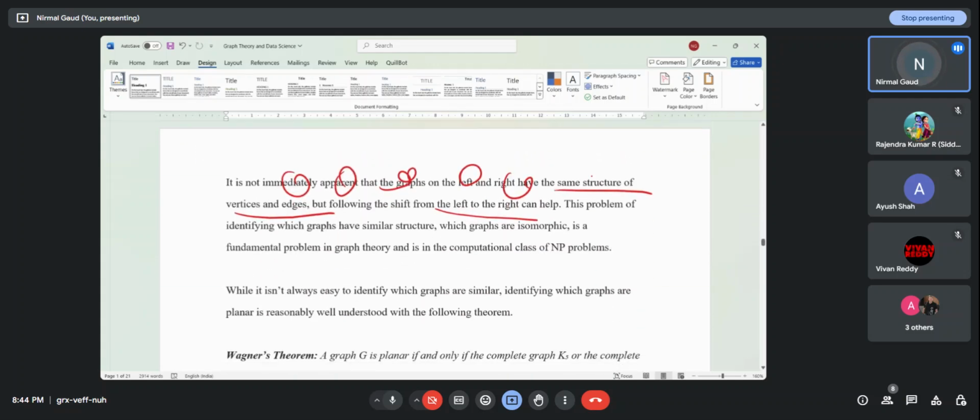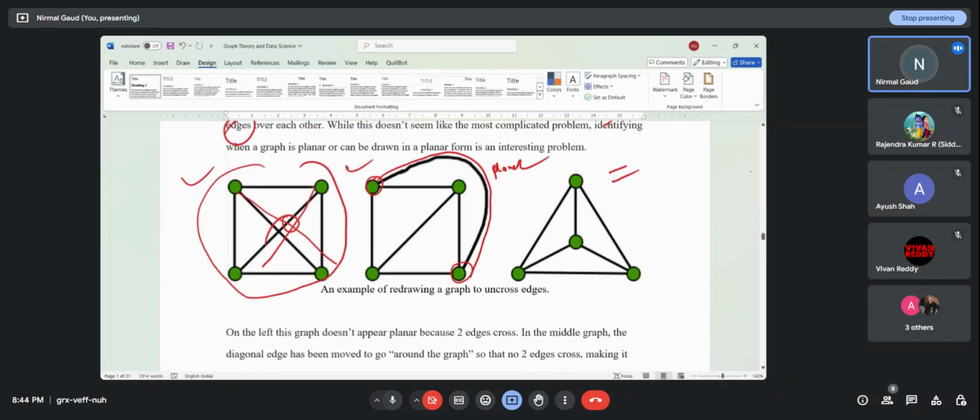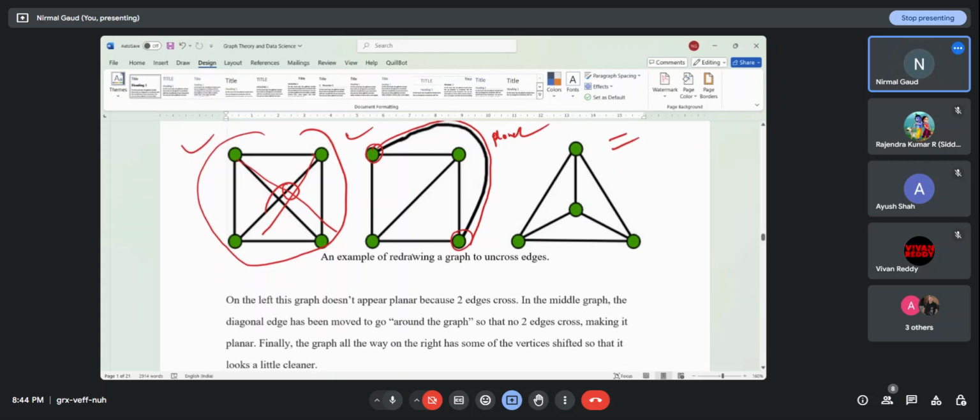For this kind of problem, identifying which graphs are similar, we have another kind of graph called isomorphic. There might be a question: one is planar, one is not planar, but are they similar? Are these two graphs similar or not?